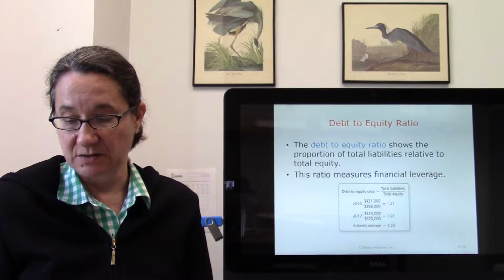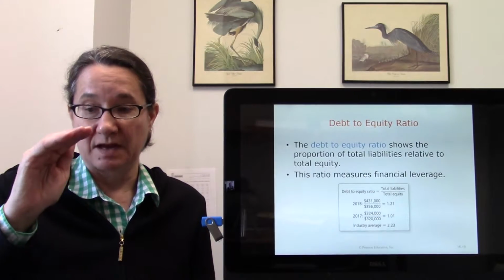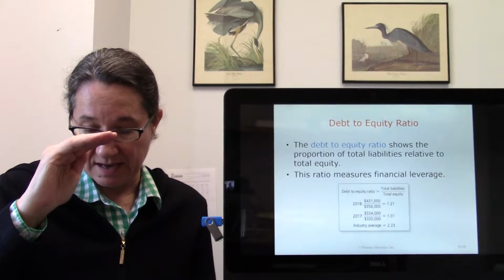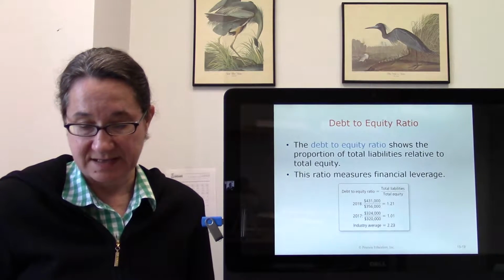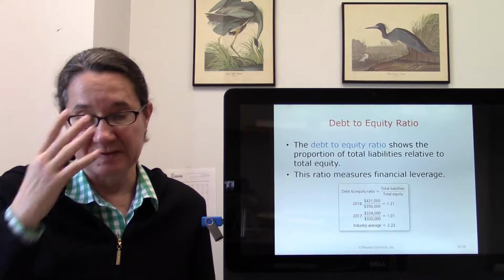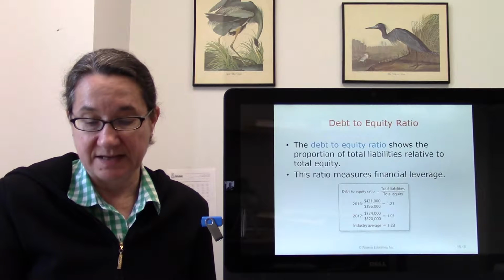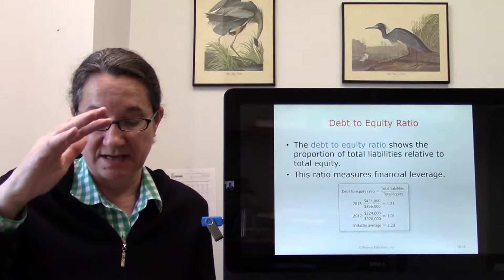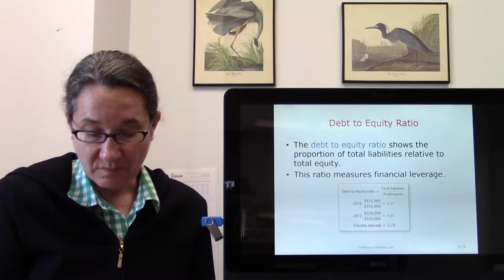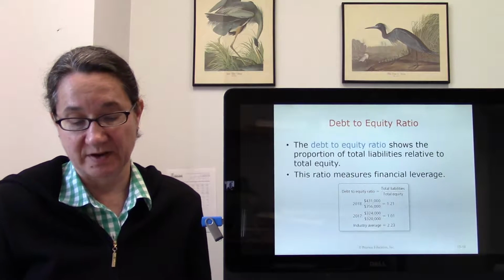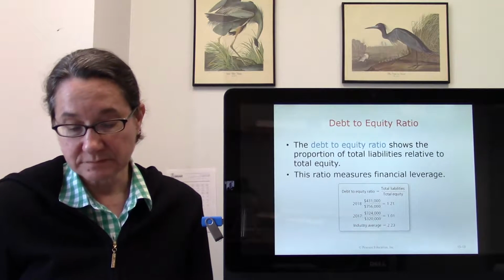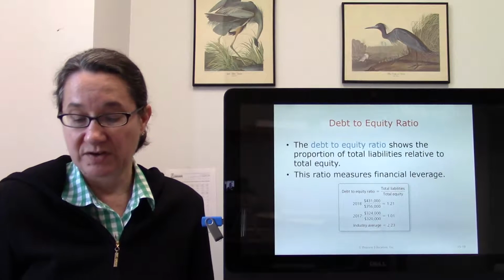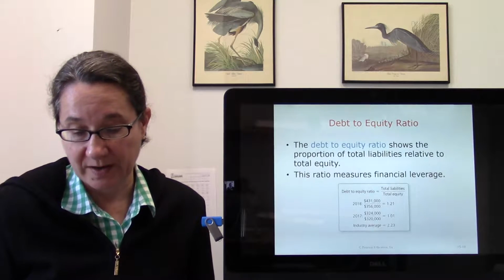So we talked about debt ratio, which is liabilities divided by assets. Now we're going to look at liabilities compared to equity. So you take the debt to equity, just like it sounds, debt divided by equity. So it measures the proportion of liabilities relative to equity. Debt to equity ratio equals total liabilities divided by total equity.